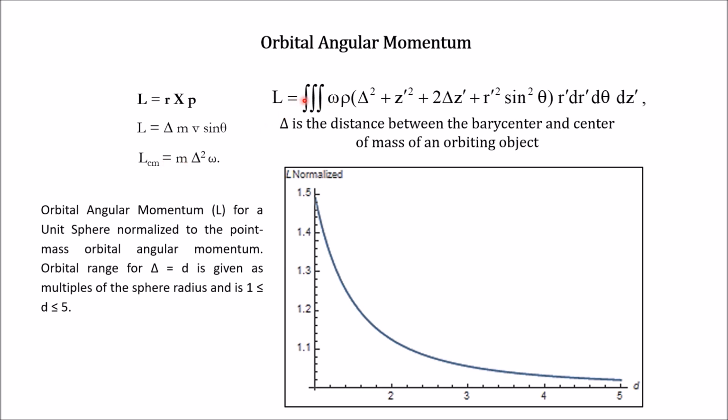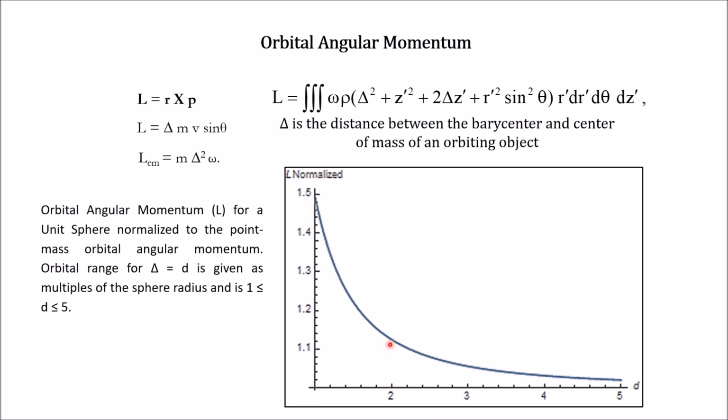And when you calculate the orbital angular momentum, which is required in the Euler-Lagrange equation for orbits, what you wind up with is that the orbital angular momentum doesn't follow the normal. This is a calculation divided by the center of mass value, which is the one that we normally use, and you can see that it can vary dramatically.